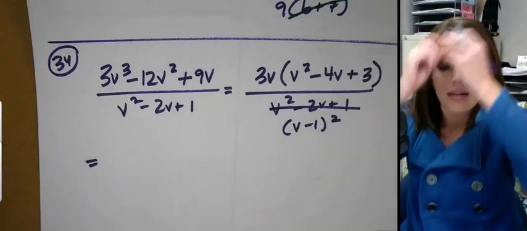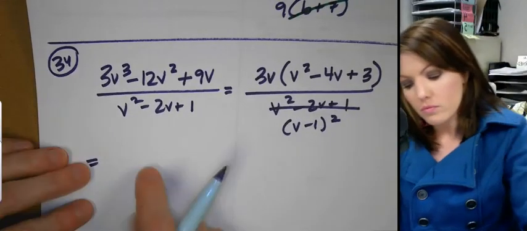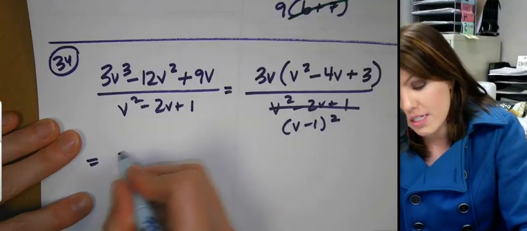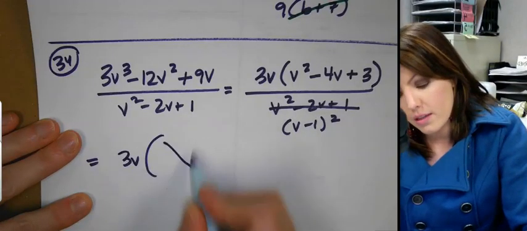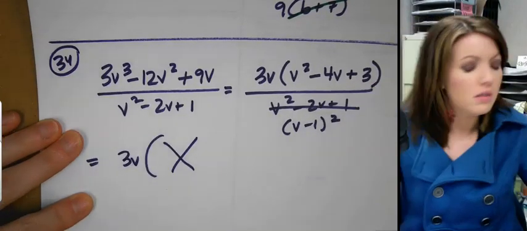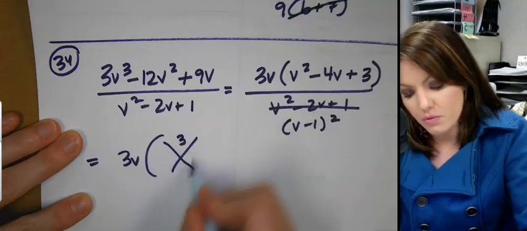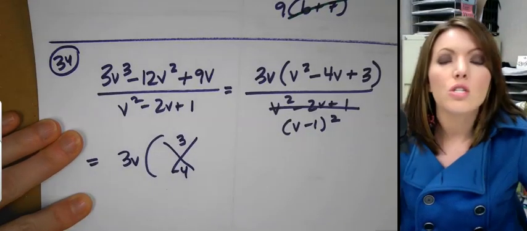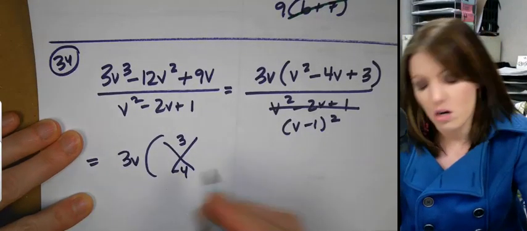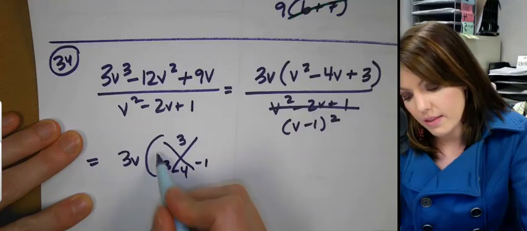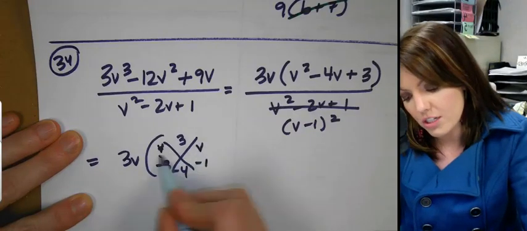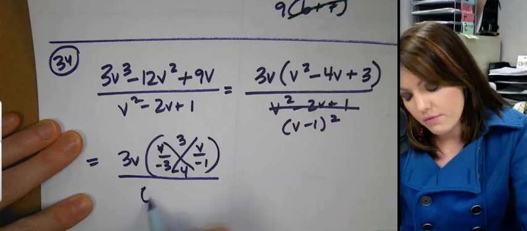Now, on the top, if we do a diamond with this piece, which is positive 3, negative 4, the two numbers that fit in here are negative 3 and negative 1, and then the v goes on top of each of them, and then v minus 1 squared.